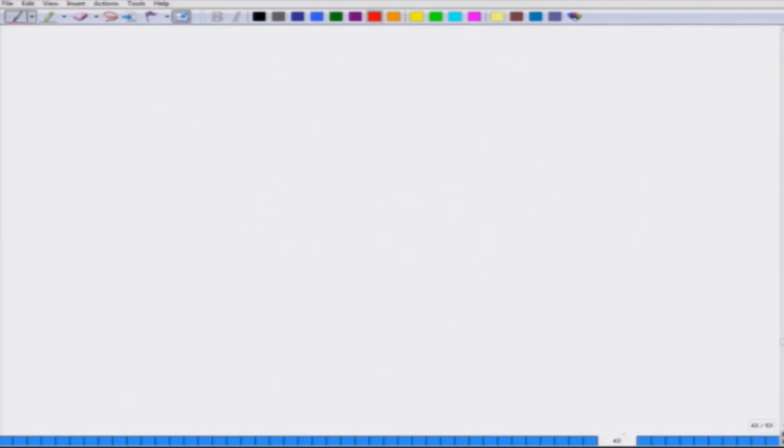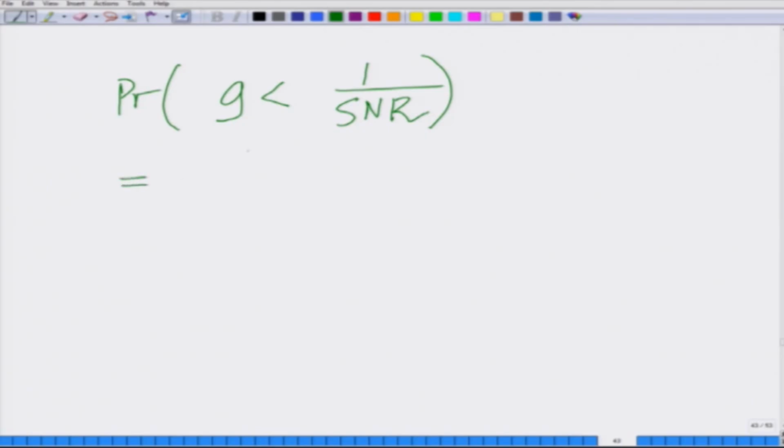And therefore, now the probability that G is less than 1 over SNR can be obtained by integrating the probability density function of G between the limits 0 to 1 over SNR.